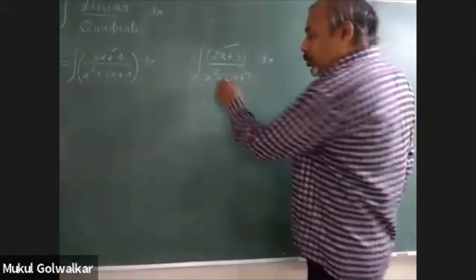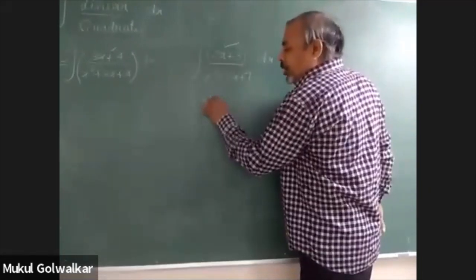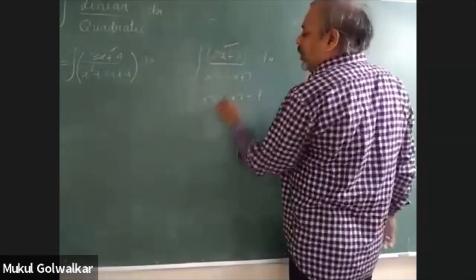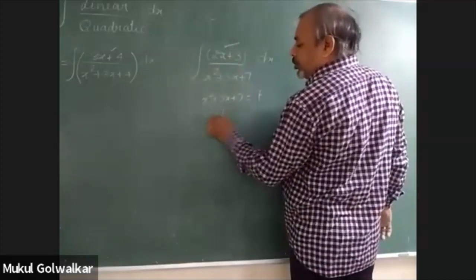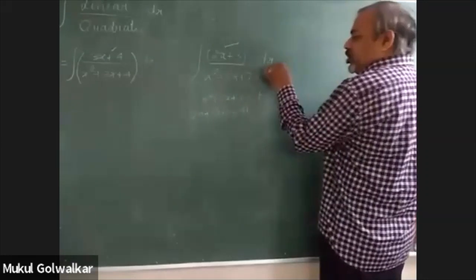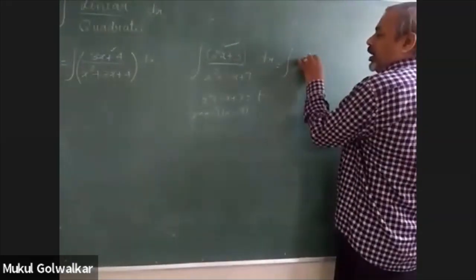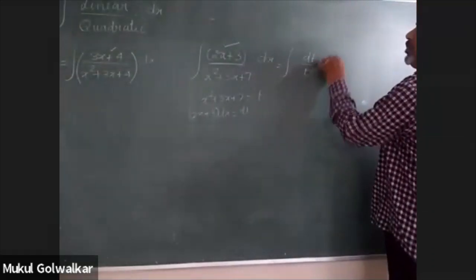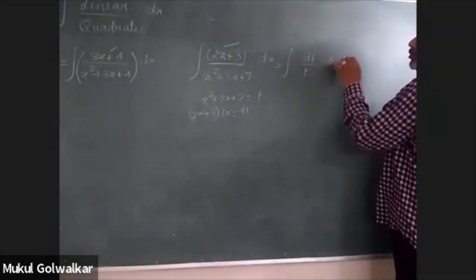So suppose you write x square plus 3x plus 7 equals t. What can you write for the numerator? You can write (2x plus 3) dx equals dt. And in that case, this question will be converted into dt upon t. And the answer is very simple. What is the answer? Log t.